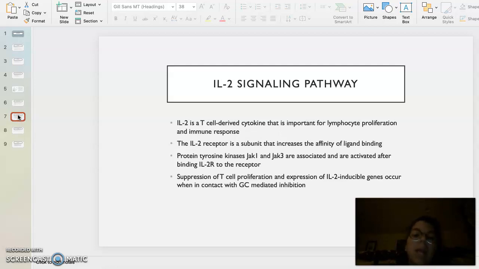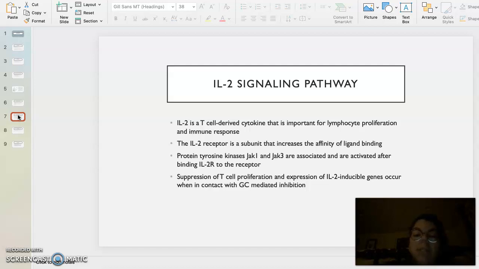So IL-2 is, again, a T cell derived cytokine, and it's important for lymphocyte proliferation and immune response. The IL-2 receptor alpha subunit increases the affinity of ligand binding. Protein tyrosine kinases JAK1 and JAK3 are associated and are activated after binding of IL-2 to the receptor.